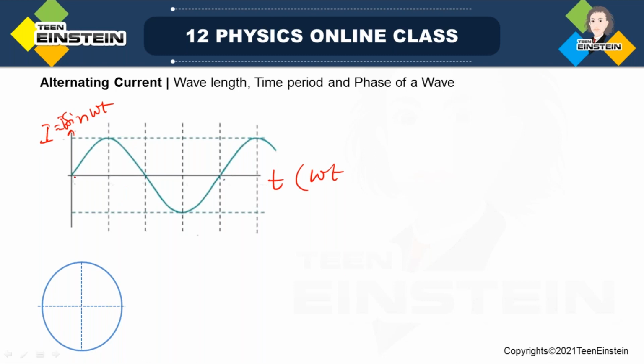Now see, I start from here, then go to the maximum, then go again to 0, then go to the minimum value, or the maximum on the opposite side, and again go back to 0. This gives you a full cycle. That means in a full cycle there will be a crest and a trough.